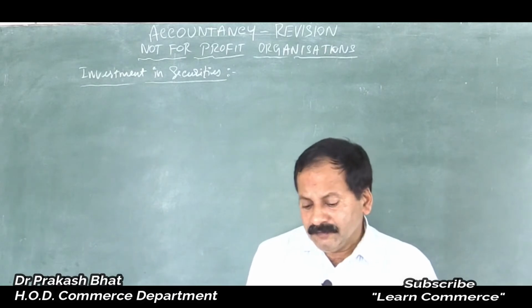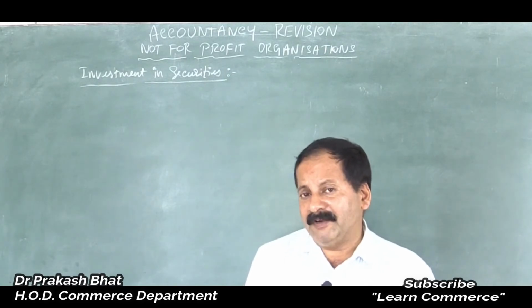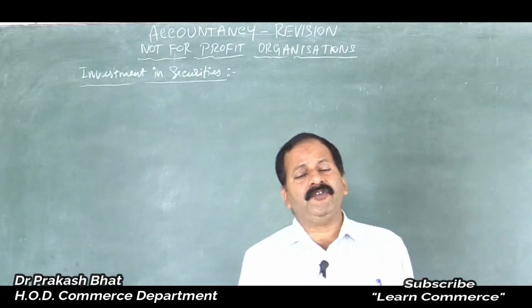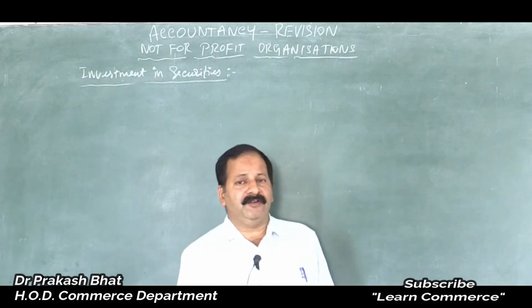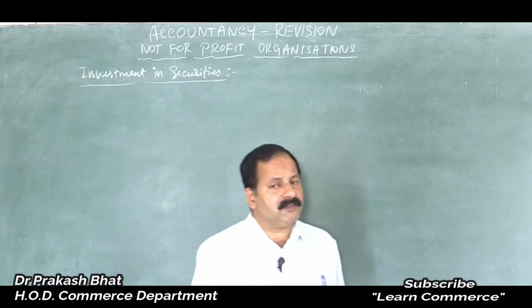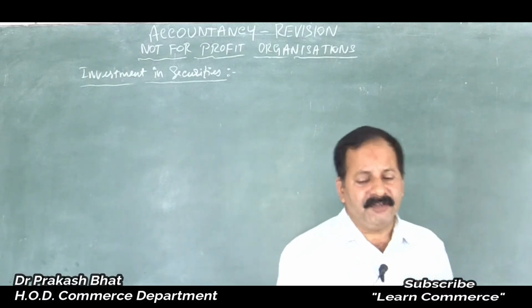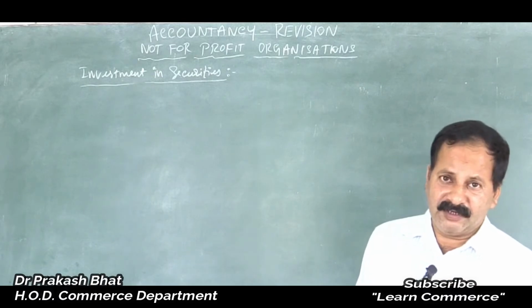So we have to add it to the concerned fund in the balance sheet on the liability side, but we should not credit it to income and expenditure account on the credit side. If it is general fund, it's fine, you can credit, but if it is specific fund, don't credit it to income and expenditure account. Clear?